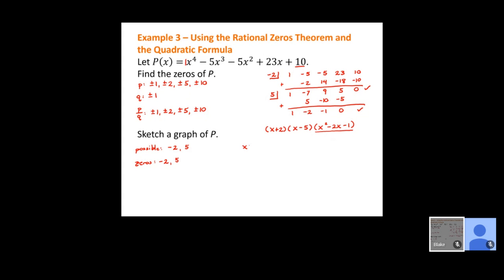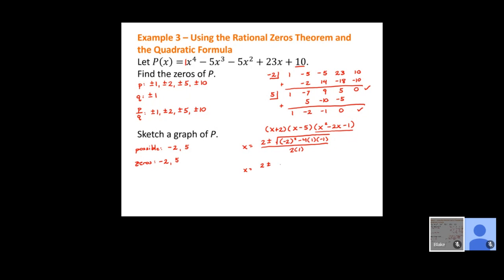So when I do that now, I'm going to have x equals, remember our quadratic formula starts with negative b, so that's going to become a positive 2, plus or minus the square root of b squared, so negative 2 squared, minus 4ac, 4 times 1 times negative 1, all over 2a, 2 times 1. Right, now we simplify that.